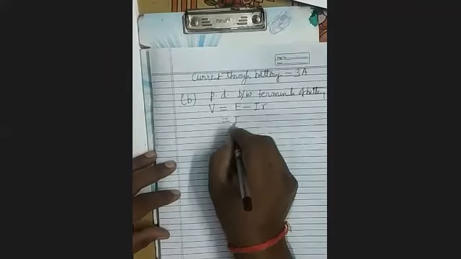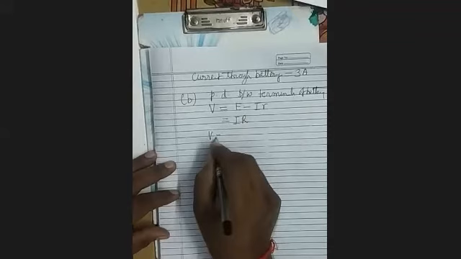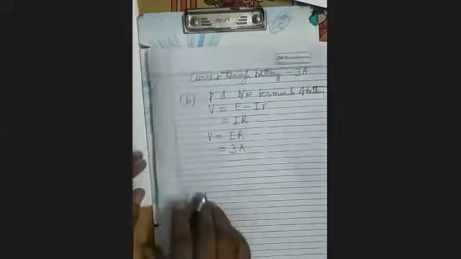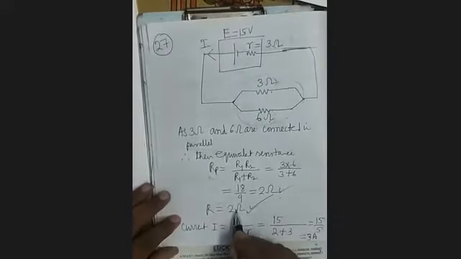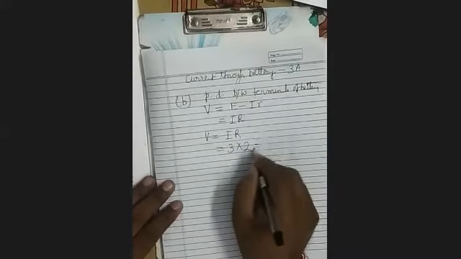Small r you can find by using this relation. So I am determining from this because everything is given. I is how much? 3. And what is the external resistance? External resistance is 2. So it will be equal to 6 volt.